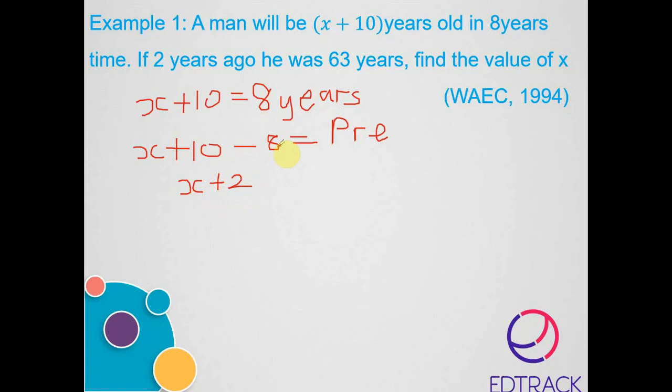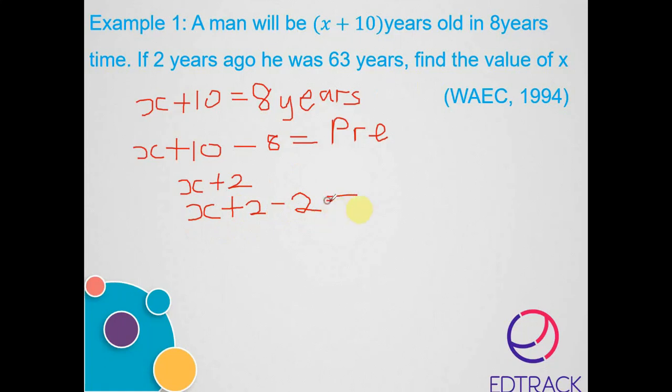Proceeding on the question, it says if 2 years ago he was 63 years. Two years ago means going back, and going back means subtracting 2 years from the age of that man. The present age is x plus 2, and we take away 2 years, that is minus 2.